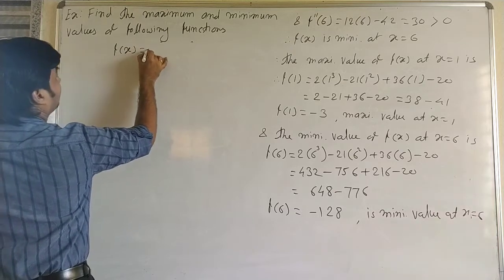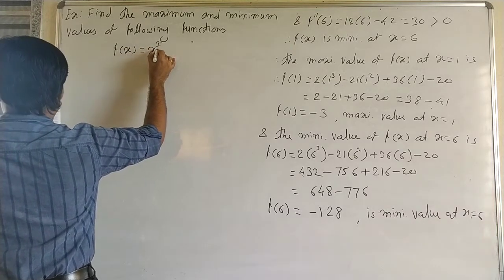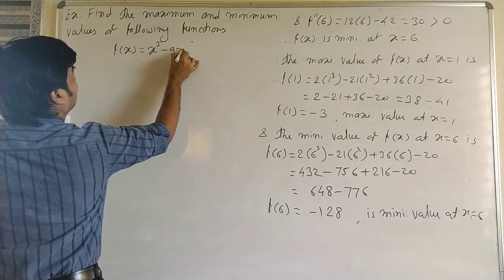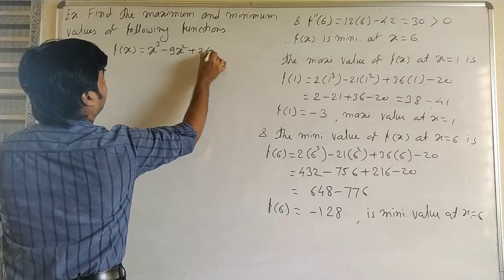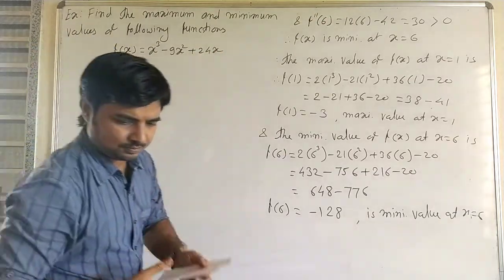f of x is equal to x cube minus 9x square plus 24x. Same example.